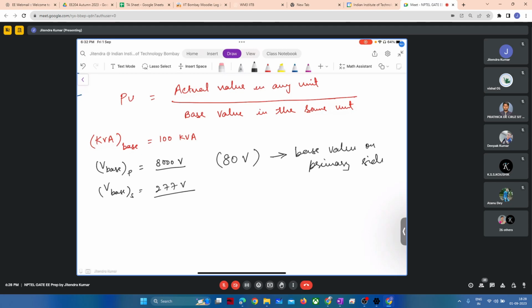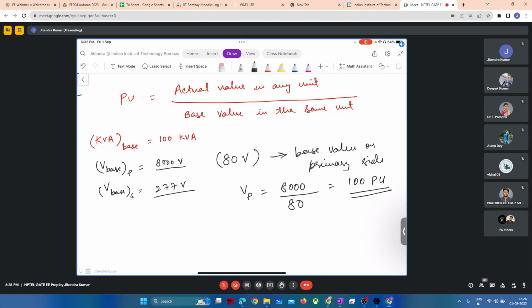So now in per unit, your primary side voltage will be 8,000 divided by 80. So it will be 100 per unit.